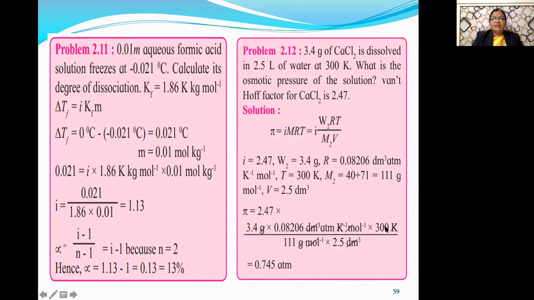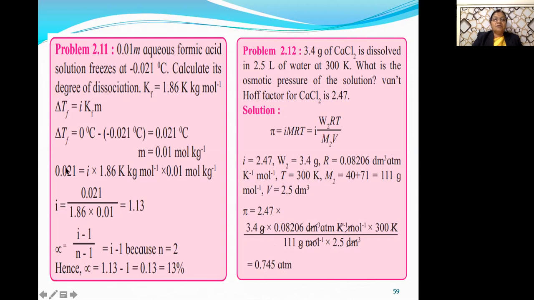Multiply by temperature 300 Kelvin, divided by M2, the molar mass of solute calcium chloride, 111 gram per mole, into volume, that is 2.5 liter or dm cube. Now calculate this. After calculation, it becomes 0.745 atmosphere. Simple calculations are involved in this example.